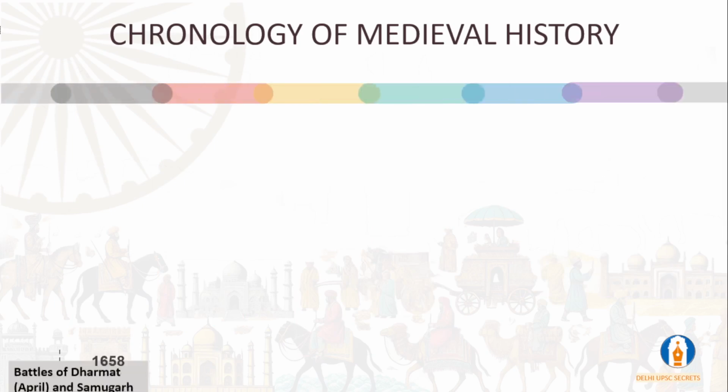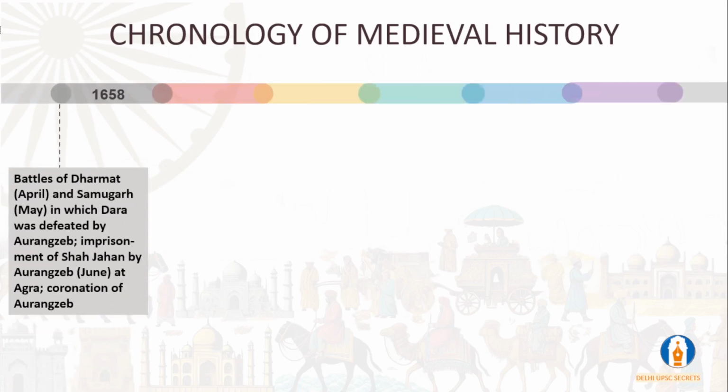And next to Shah Jahan, I hope you all might be knowing that Aurangzeb's reign starts. 1658 AD is a period where the Battle of Dharmat happens, in which Dara was defeated by Aurangzeb. Imprisonment of Shah Jahan happens, and Aurangzeb's coronation happens, and now Aurangzeb is the Mughal emperor of the country.